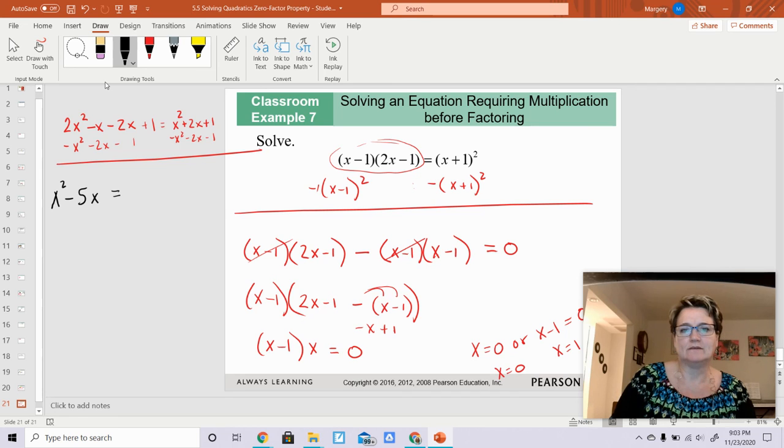Negative x, negative 2x, gives me negative 3x. Plus that over. Negative 5x. And that's 0. And that would be x, and then x minus 5 equals 0. So x equals 0 or x equals 5.